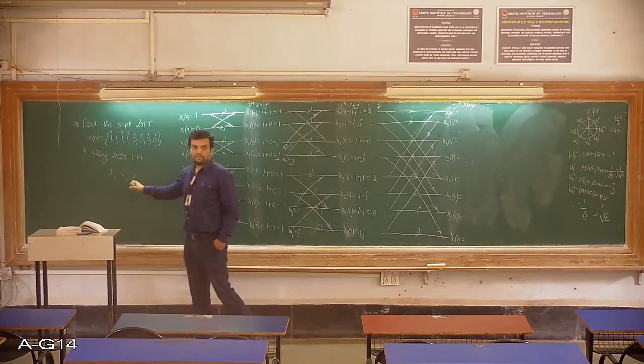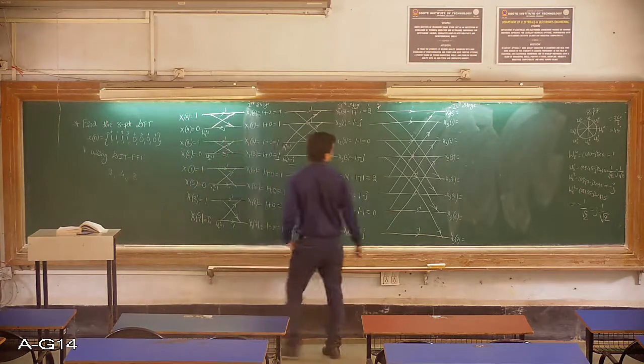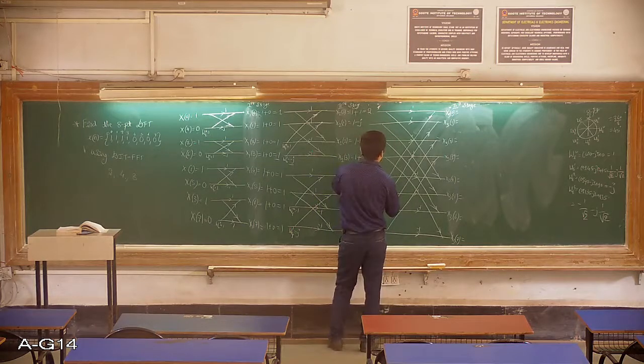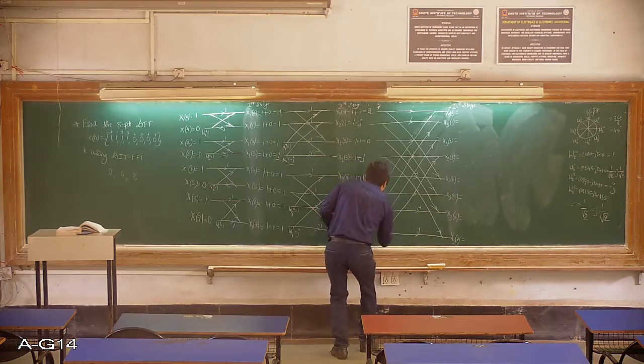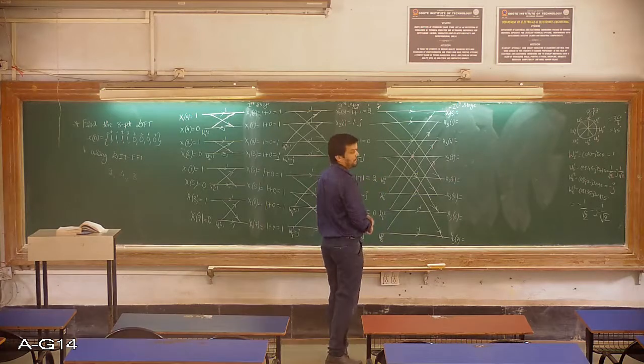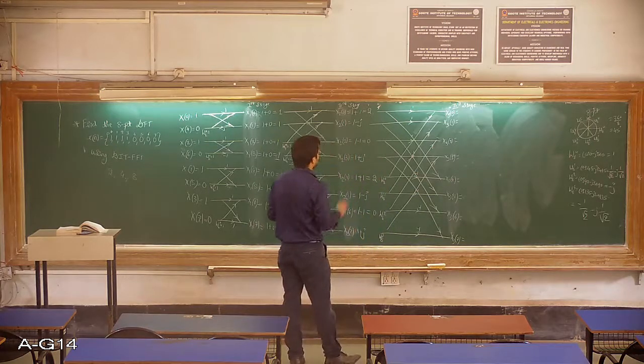In 8 point, 8 by 2, 4 twiddle factors are there. So 1, 2, 3, 4: W8 of 0, W8 of 1, W8 of 2, and W8 of 3.